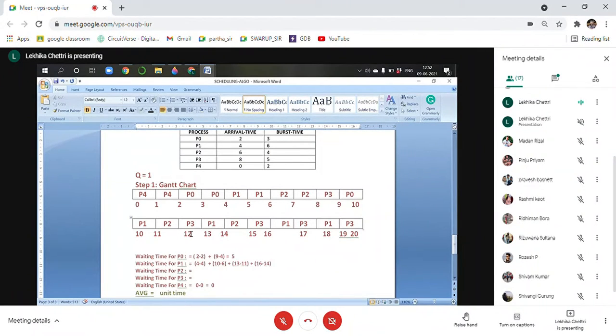So has P1 reappeared after this one? Yes, it has reappeared here. So it had to wait again, क्योंकि इसके बाद भी इसने अपना task complete नहीं कर पाया था.